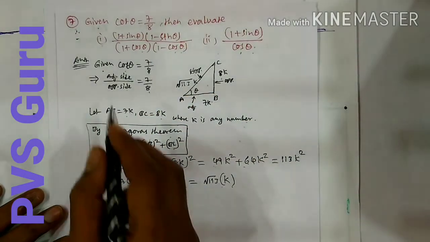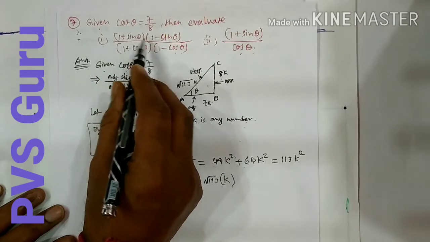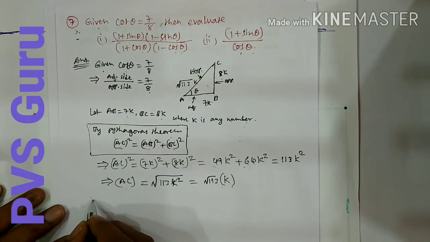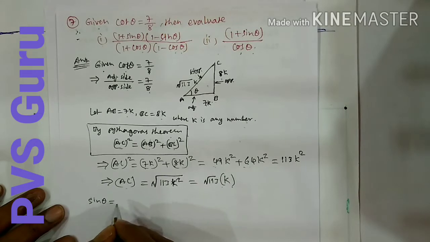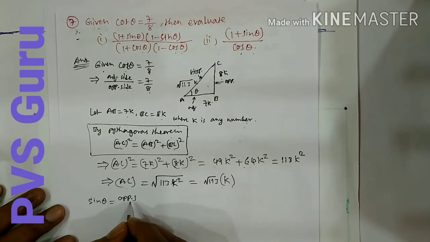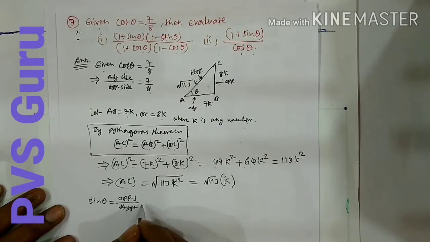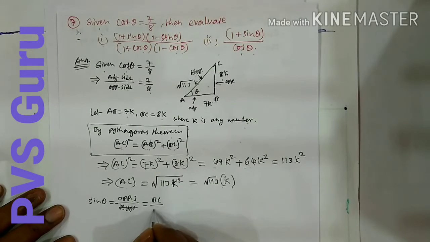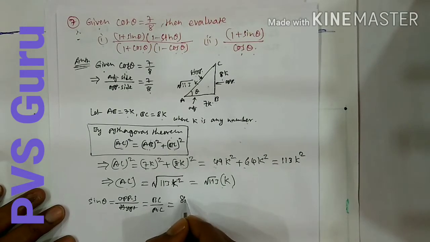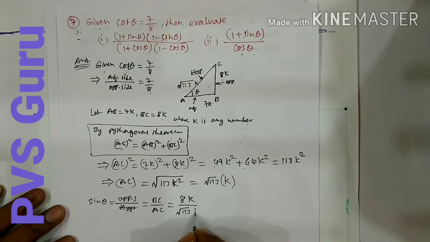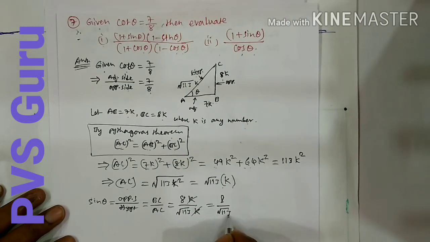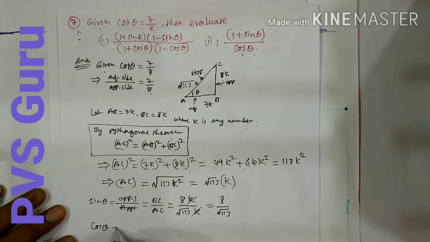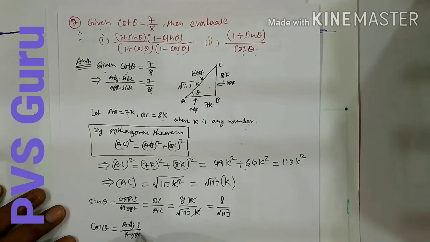Now in the first bit, sin theta and cos theta are there. First you find sin theta. Sin theta is equal to opposite side by hypotenuse. Opposite side is BC, hypotenuse is AC. BC is 8K, AC is root 113K. K gets cancelled, so 8 by root 113. Cos theta is equal to adjacent side by hypotenuse.